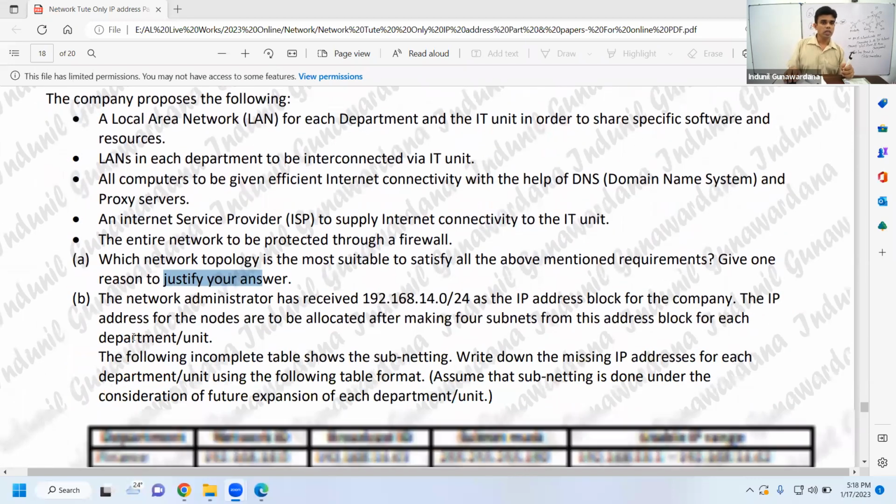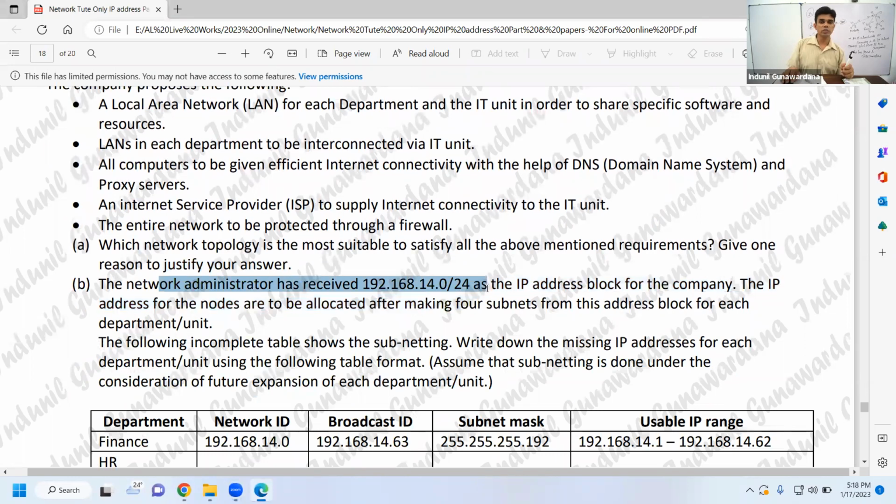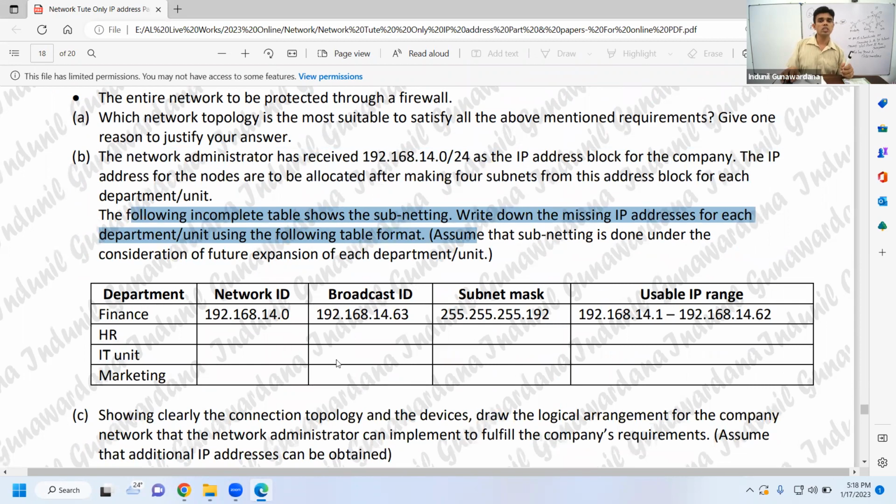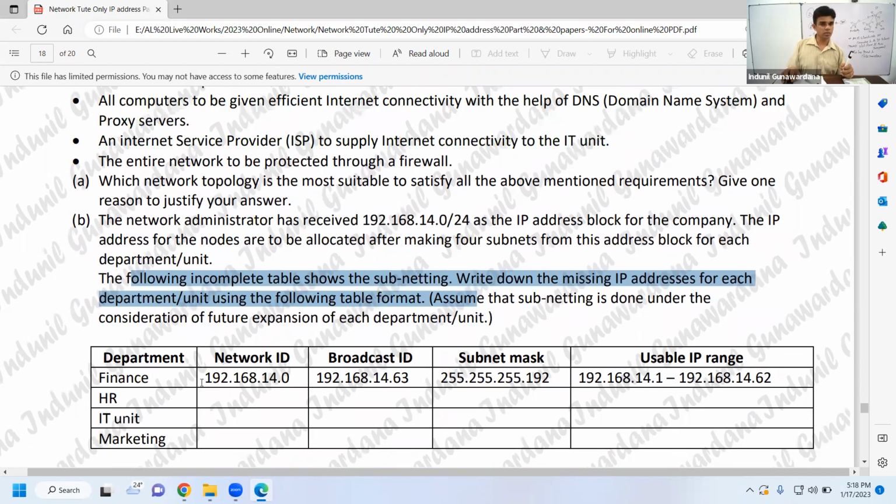Okay, then part B. The network administrator has received an IP block for the company. The IP address blocks are to be allocated after making 4 subnets, with an address block for each department. The following incomplete table shows the subnetting. Write down the missing IP addresses for each department using the following format. Then you need to do the subnetting for each and every subnet.